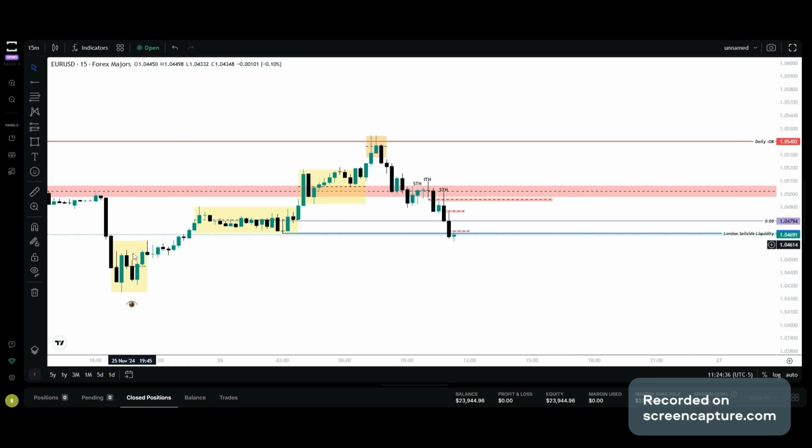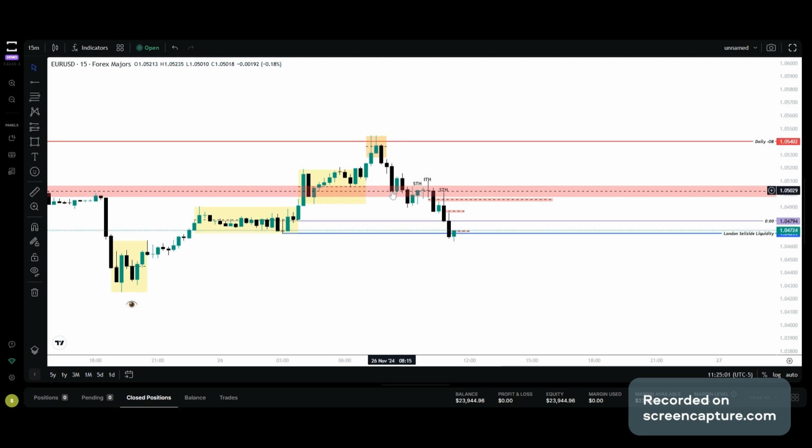Okay. And we can see here we have a market maker sell model. And it's actually clear here on the 15-minute as well. But I like it a little more on the 5-minute. But yeah, we had our displacement below this low, these two lows, these short-term lows, this short-term low here, this short-term low here. Nice displacement.